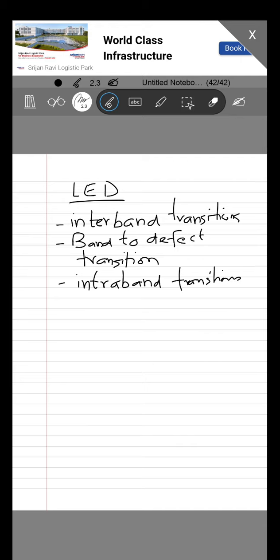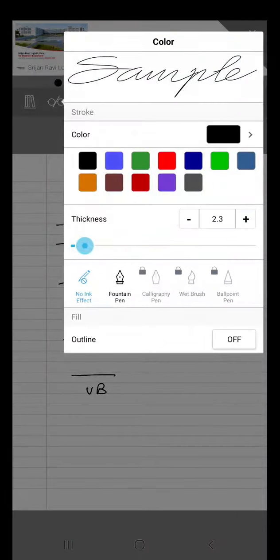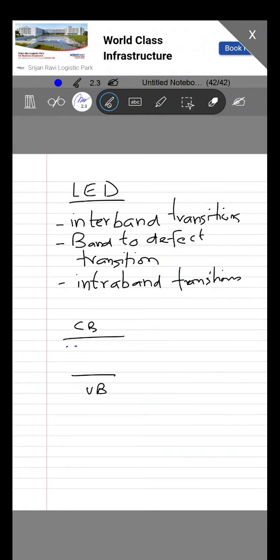So what we mean by all this: if we have a conduction band and a valence band, and we have defects close to the conduction band, we can have three different types of transitions. First of all is between bands, the conduction band and valence band, electron hole pair formation and recombination.